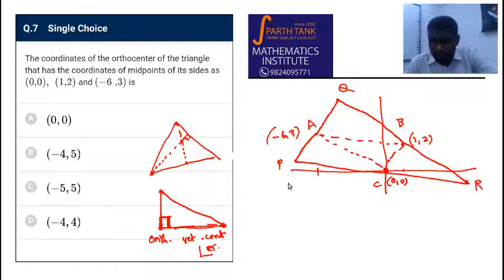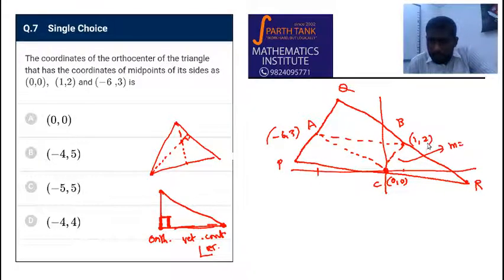How to establish that? We don't even know the vertices or the sides. However, we know the vertices of this small triangle inside, the midpoints. Let us try to find what kind of a triangle this is. What is the slope of this side?